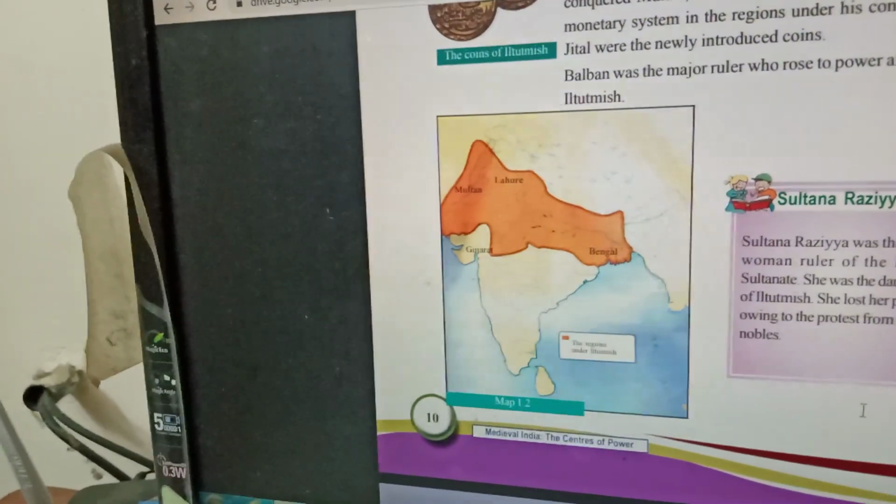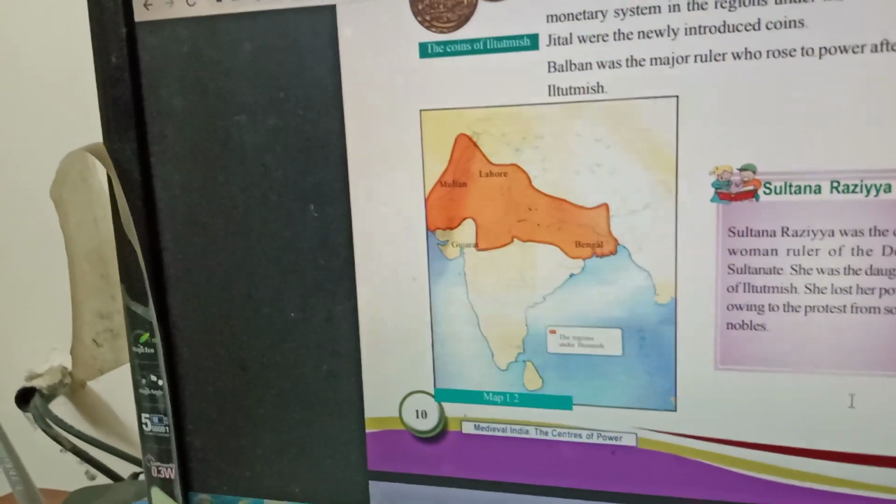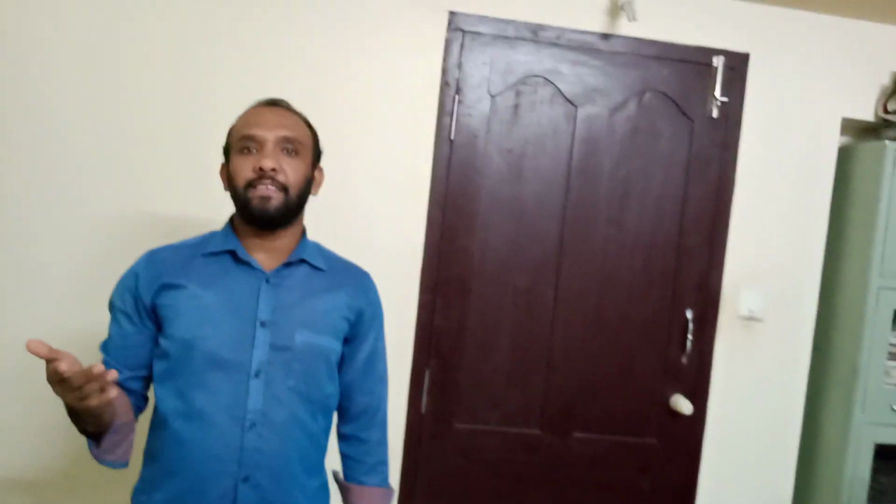Nearly half of India was under the control of Iltutmish. Do you know where Bengal is situated? He had conquered areas like Multan, Lahore and Bengal.